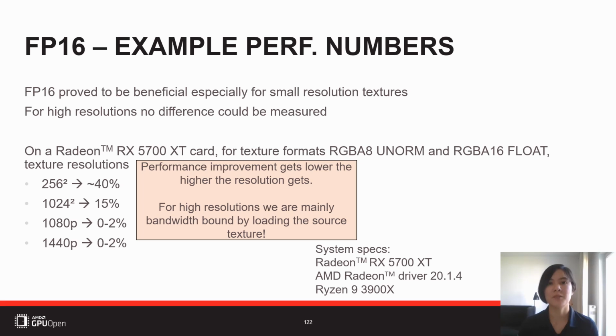To be fair, 256 squared downsampling doesn't take a lot of time, so we are talking here just about a few microseconds. But still, relatively, the speedup is really high. Speedup is almost zero if you increase the resolution, so in general, for low resolutions we see a speedup. For higher resolutions, not really, because we are still limited by the texture access of the source texture.